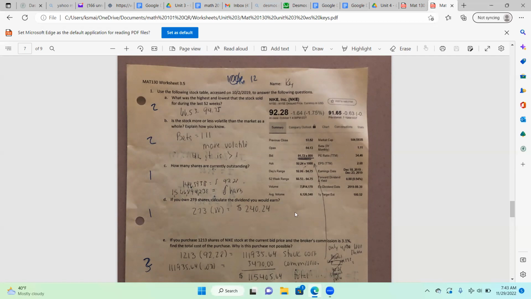And this company does pay a dividend. The dividend is 88 cents per share. So Part D says if you own 273 shares, you would multiply that by 88 cents and you would earn $240.24 each year in dividends.